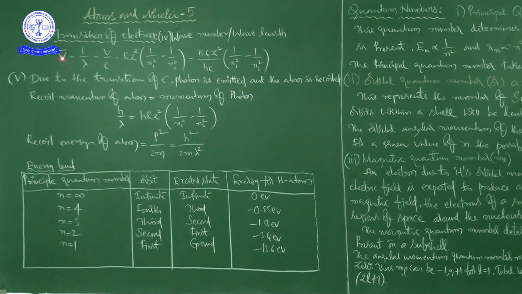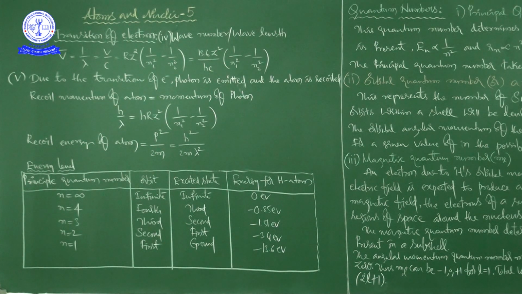So what I am saying is, it is the wave number, this is the wavelength, and nu is the frequency, okay. Then c is the speed of light, that is equal to R z square into 1 by n1 square minus 1 by n2 square.